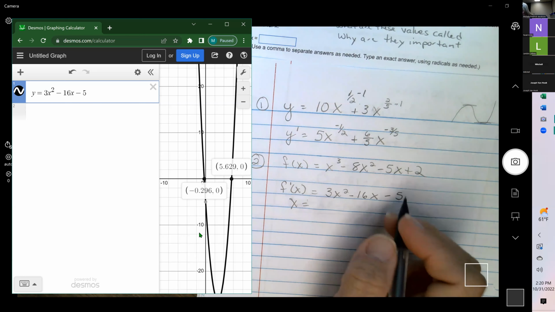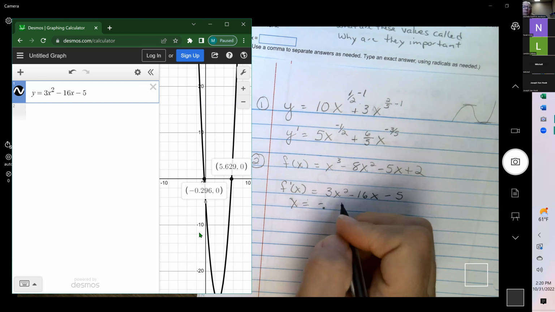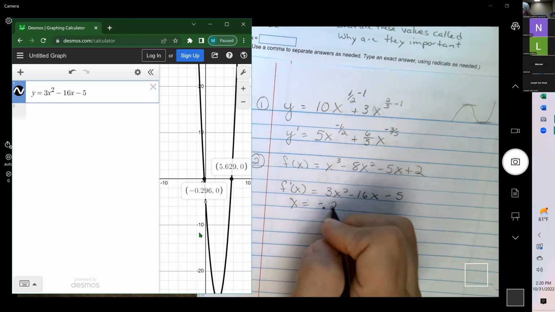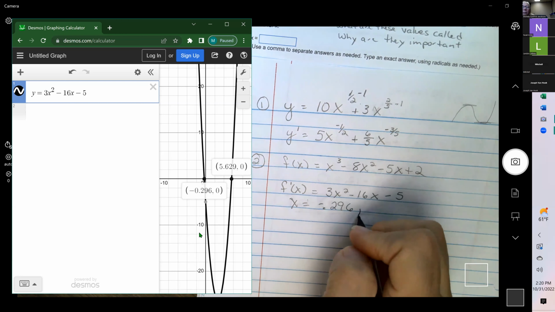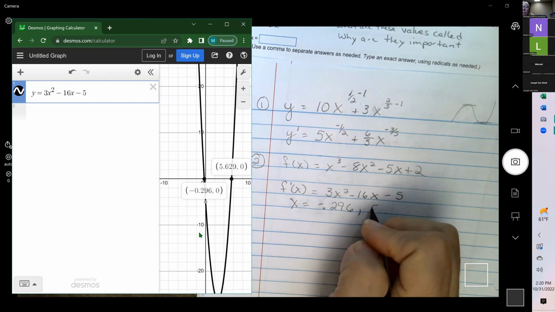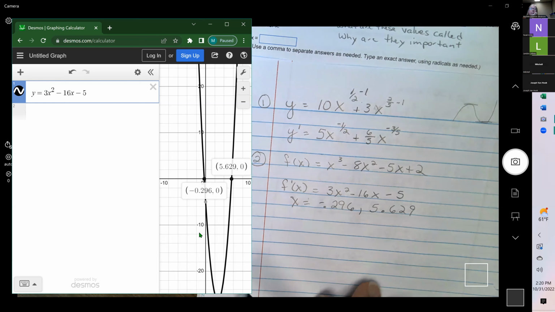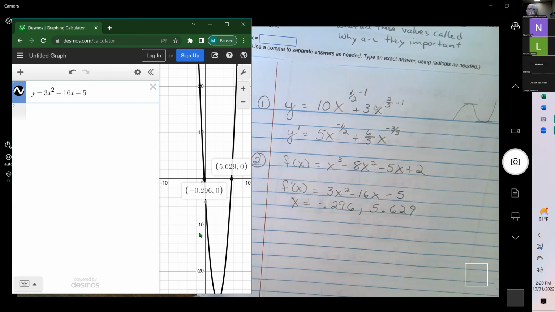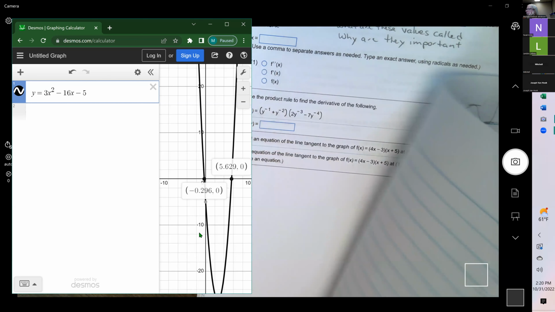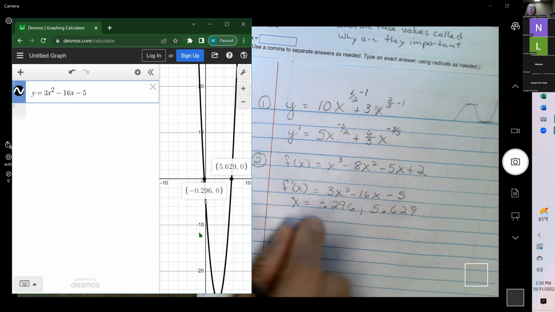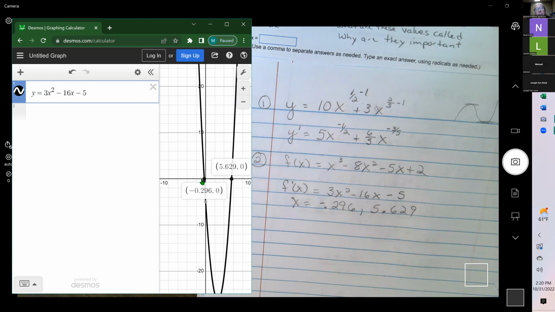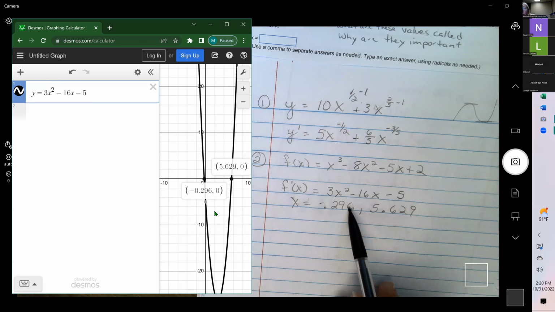You could have done this for the first one we did with the quadratic formula also. But it's where it hits the x-axis because we're setting it equal to 0. So it's another way of doing it. You could have used the quadratic formula also.